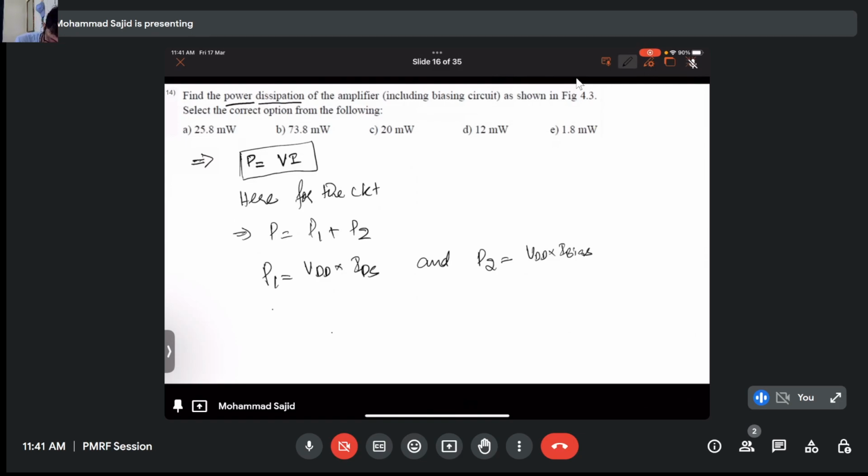So let's first calculate IDS. IDS is given by the formula.